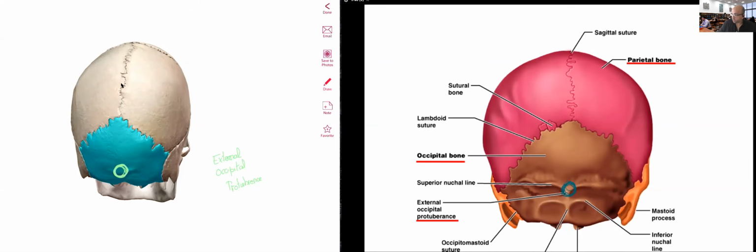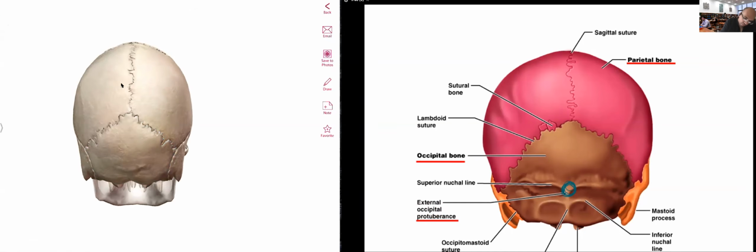It's my external occipital protuberance.